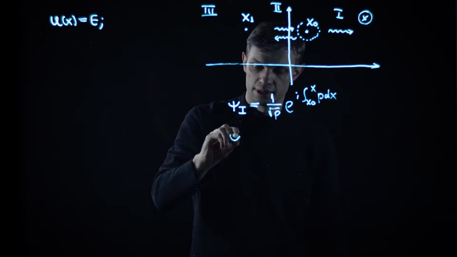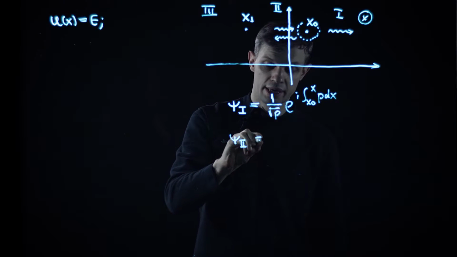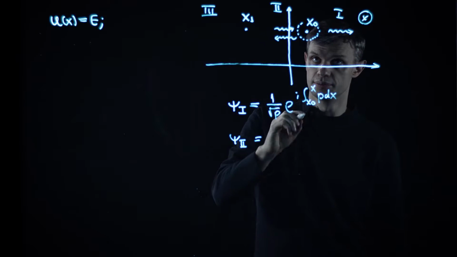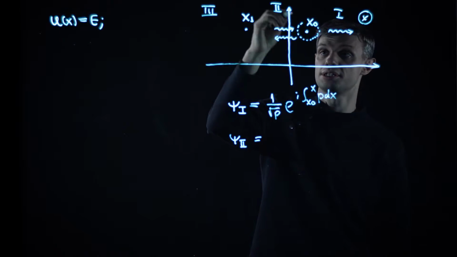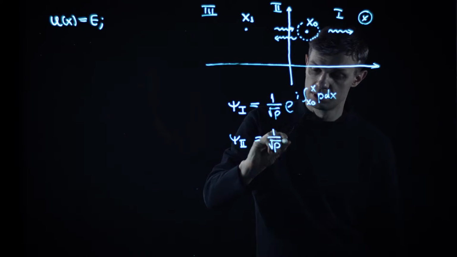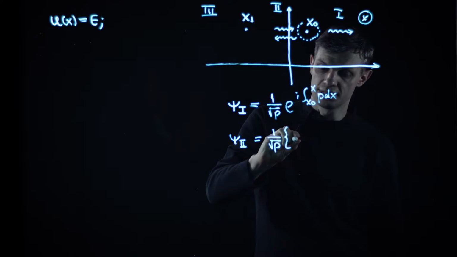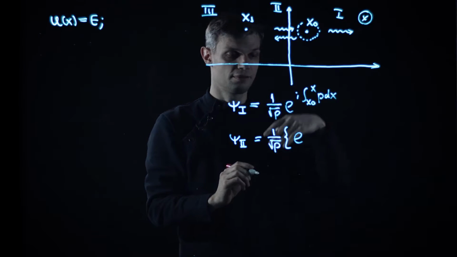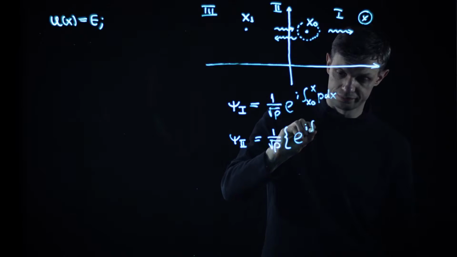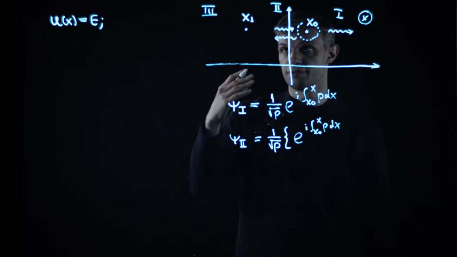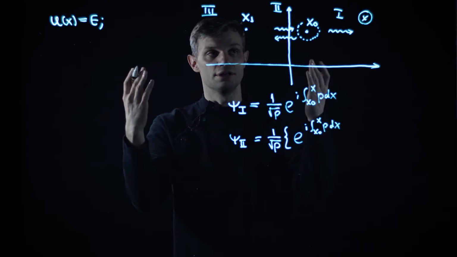And the amplitude in region 2 in the vicinity of this point x0, actually not in the vicinity, but just in the complex plane here, is represented by the sum of the incident wave and the reflected wave, and they have the same amplitude, which is a striking feature of this consideration in a complex plane.